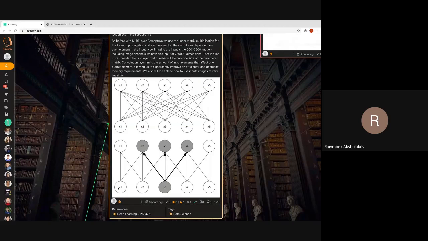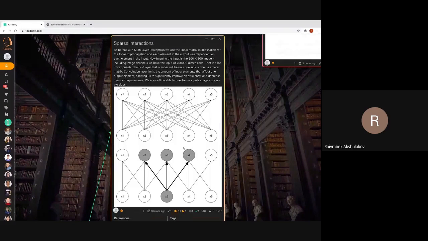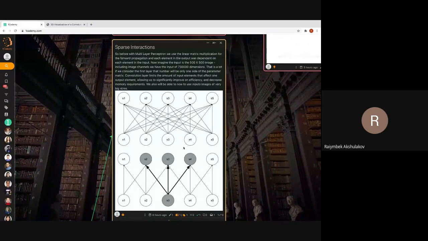We have x1 to x5 as the input and s1 to s5 as the output. But now, not like here where everything is connected to everything, if we do convolution with a kernel of size 3 and slide it, x3 affects s2, s3, s4. It allows us to store fewer parameters, a significant improvement in efficiency and a decrease in memory requirements.